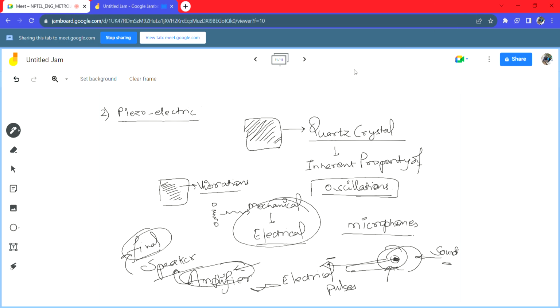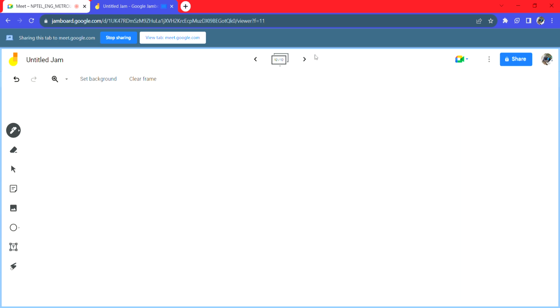Now the next type of conversion that we need to see here is photovoltaic effects.